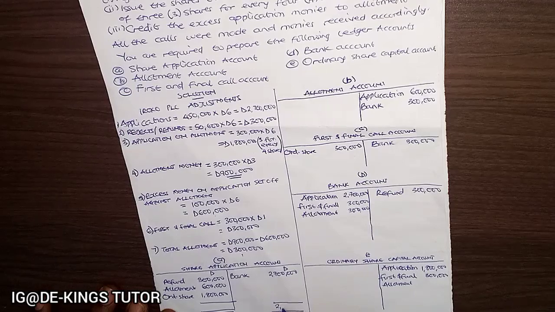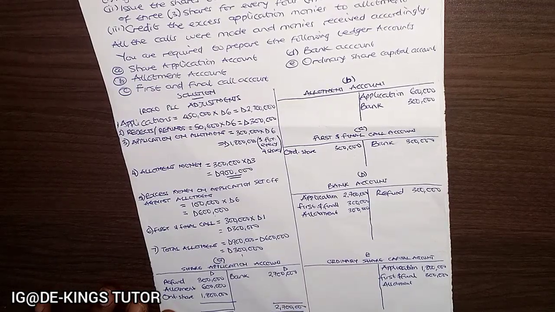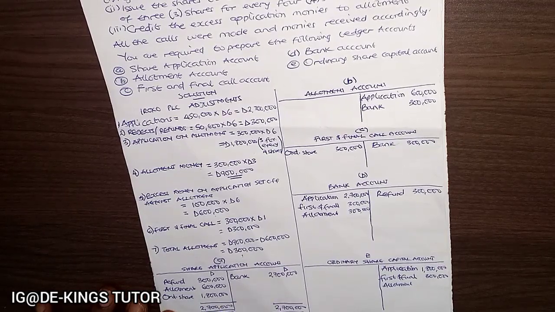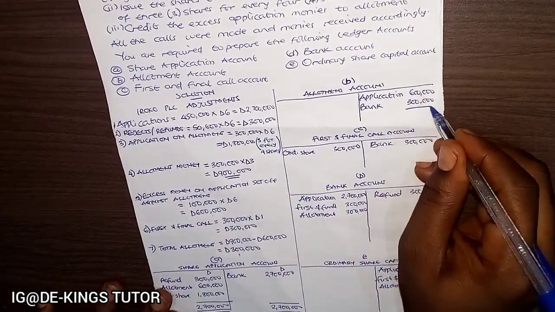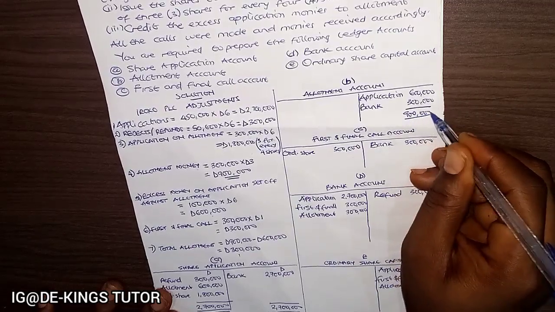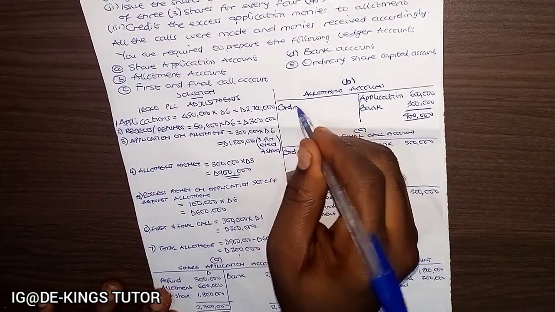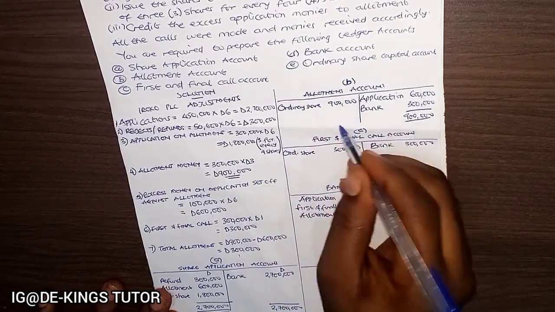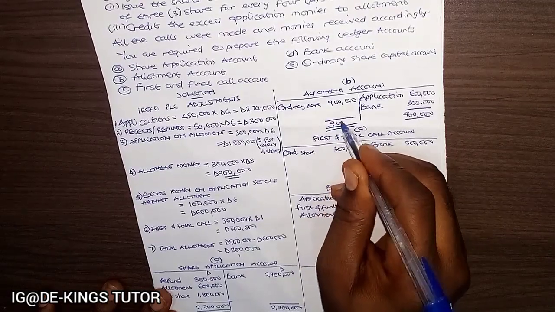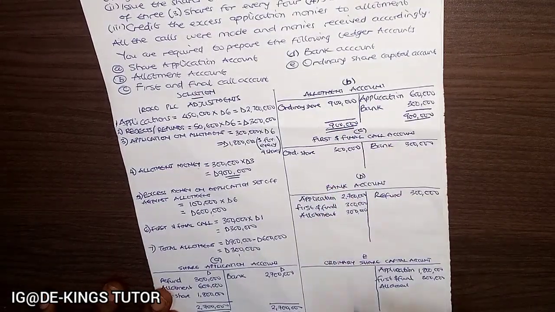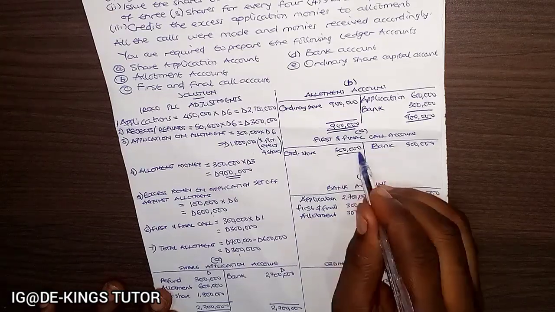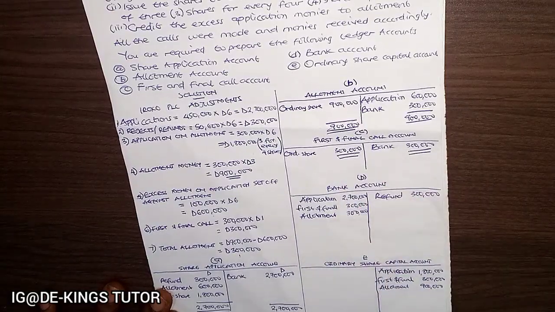Okay, we now have to close it. So if this gives us 2,700,000, this will also give us 2,700,000. Okay, so the allotment, this will give us 900,000. So it will be closed with ordinary share as 900,000. Now the corresponding entry will come in our allotment 900,000. So this one is balanced.